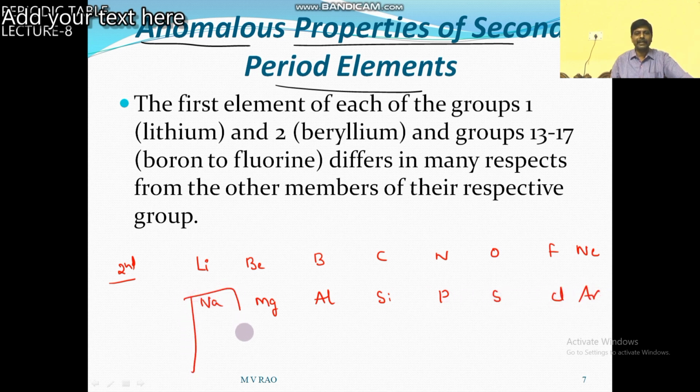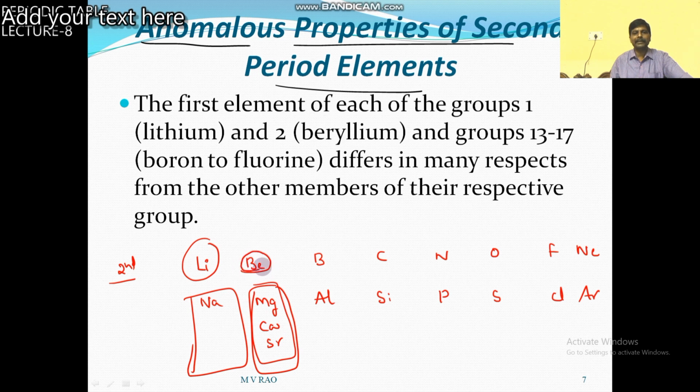All these elements are similar, but lithium's properties are different. Magnesium, calcium, strontium exhibit the same properties, but beryllium exhibits some anomalous properties. Here boron is also anomalous. In every group, second period elements exhibit anomalous properties.